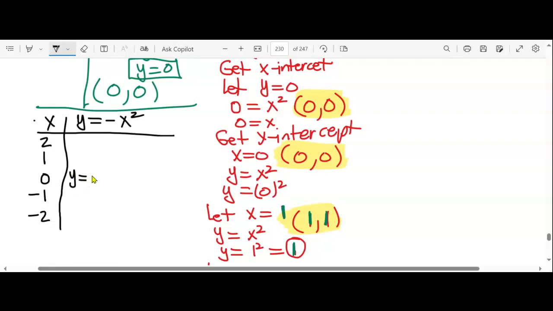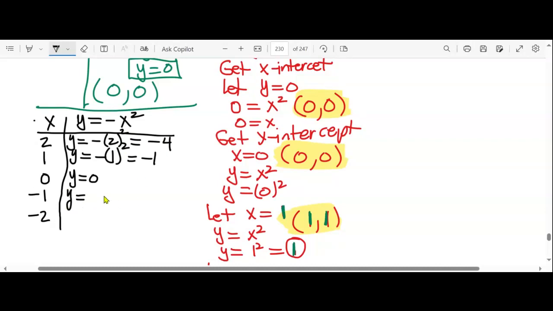If x is equal to 0, how much is y? It's going to be 0. If x equals 1, how much is y? y equals -1. If x equals 2, so it's going to be -4.